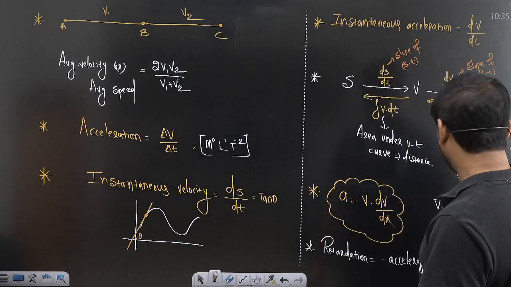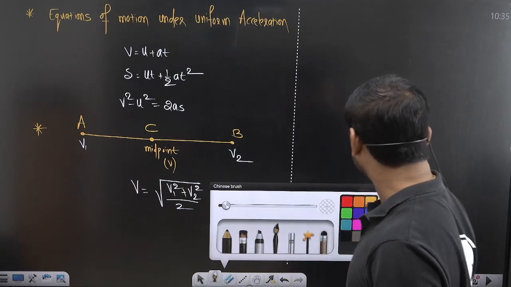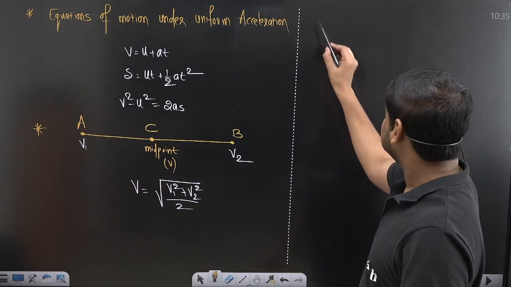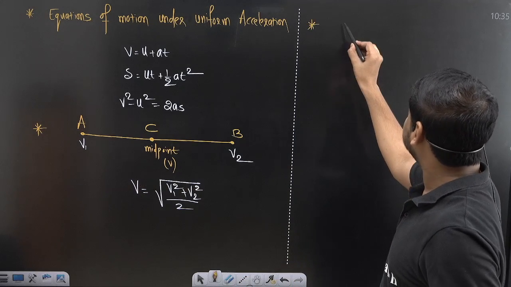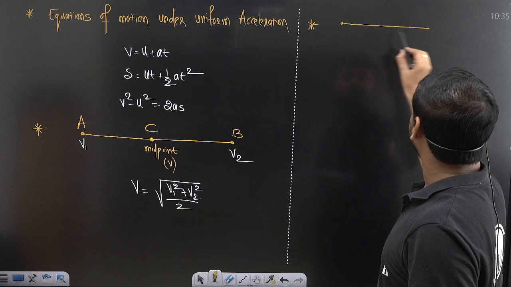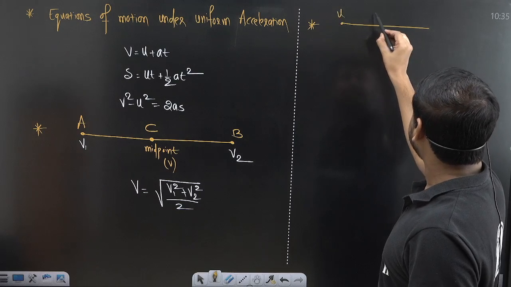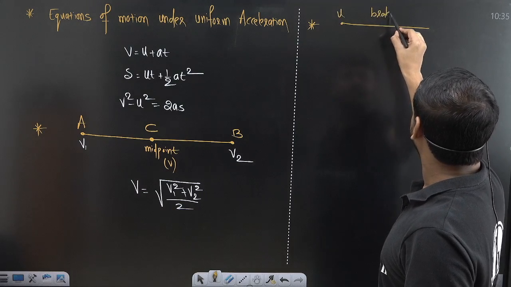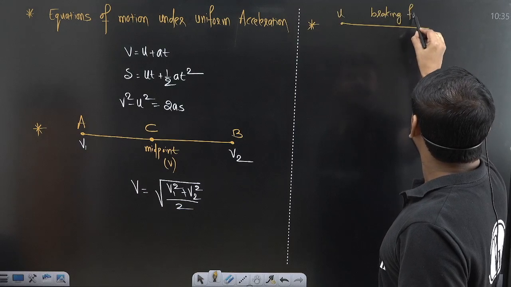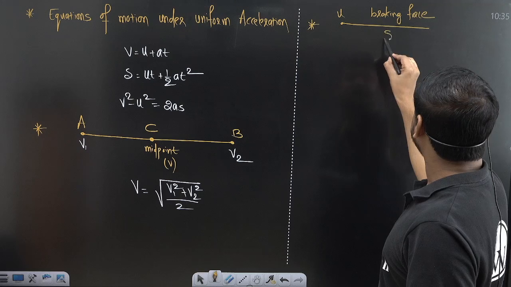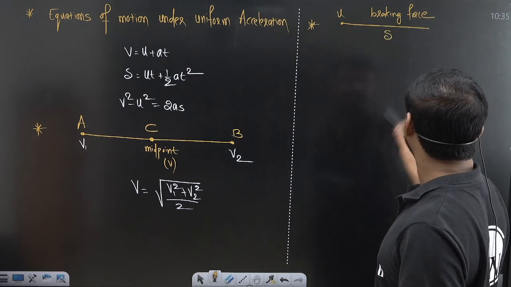Sure. One more important result that we have seen in the last class: if a body moves with a speed u and then some braking force is applied, let the distance covered by it be s.